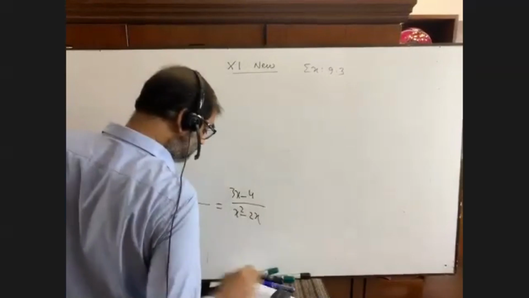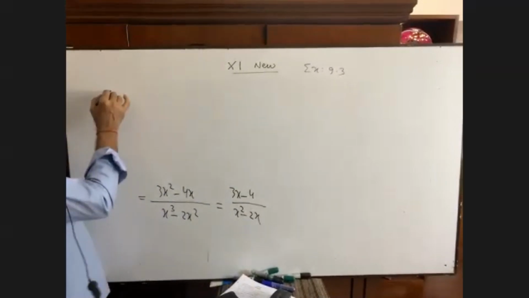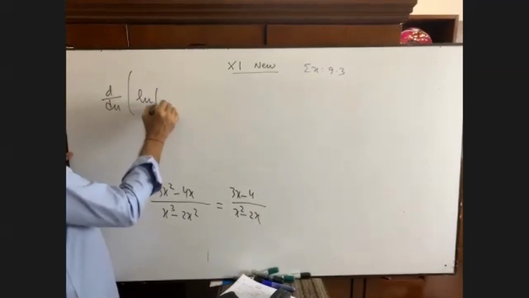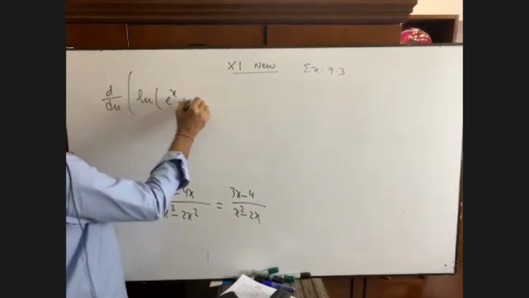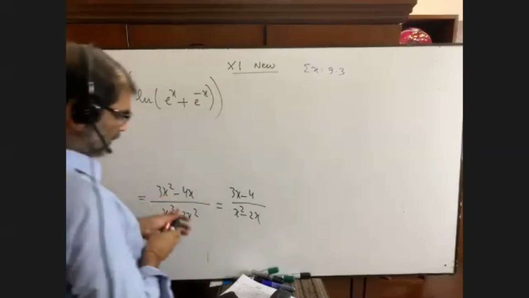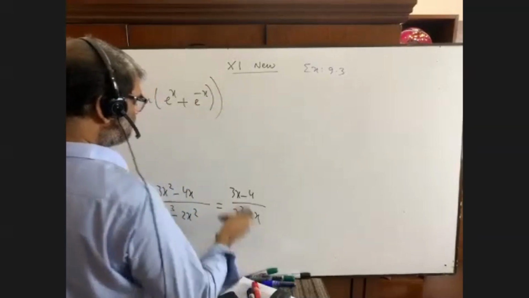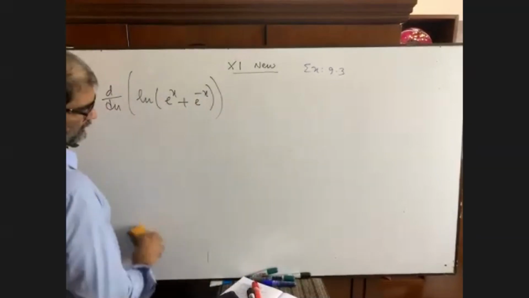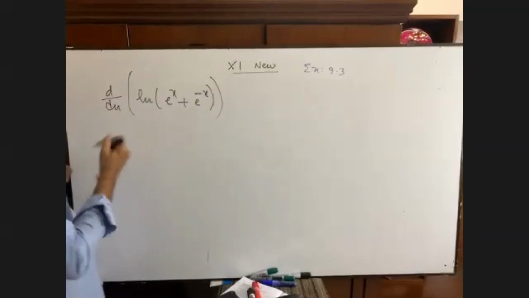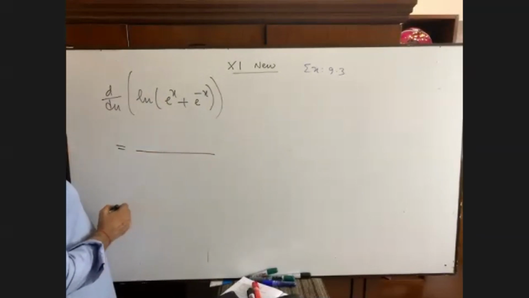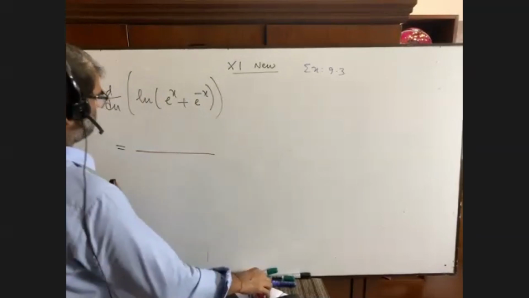That is d by dx of ln of e to the power x plus e to the power minus x. Who can do it? Just let me know, what is x here? This part is x. Please try to understand.